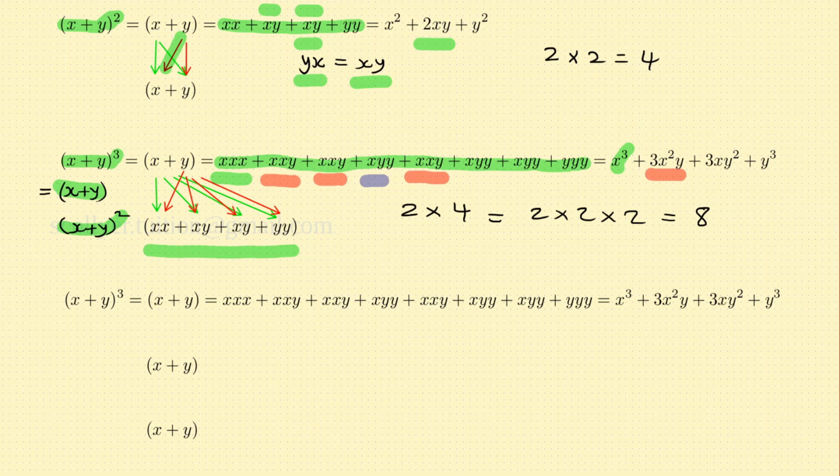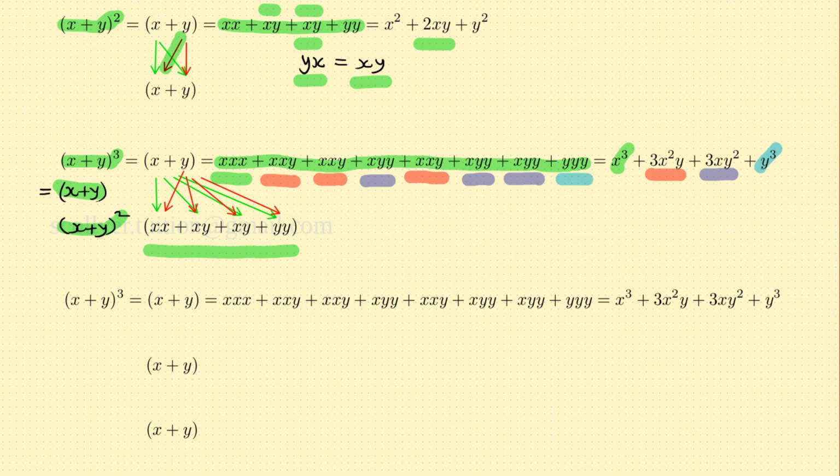We have 1, 2, 3 terms with 1 x and 2 y's, which becomes 3xy squared, and we have one term with 3 y's, which becomes y cubed. And now we can see how the coefficients arise. We have a coefficient of 3 here because we have 3 terms with 2 x's and 1 y, and we have a coefficient of 3 here because we have 3 terms with 1 x and 2 y's.